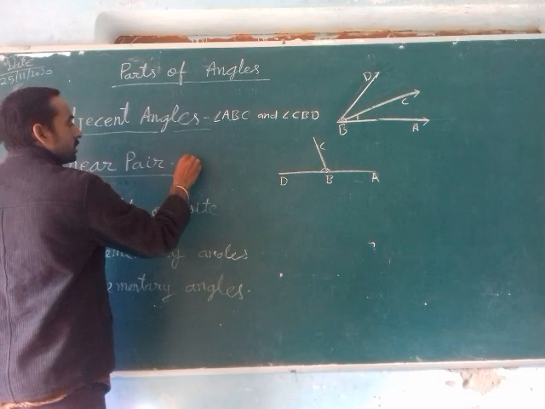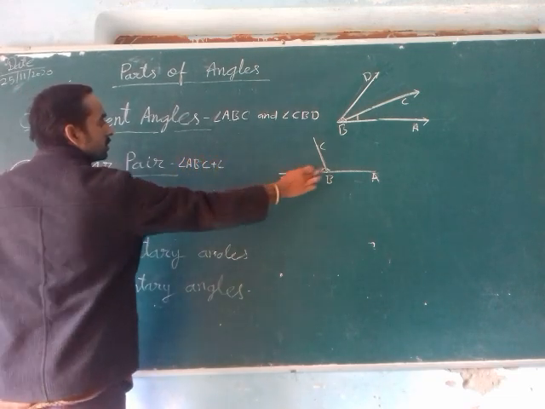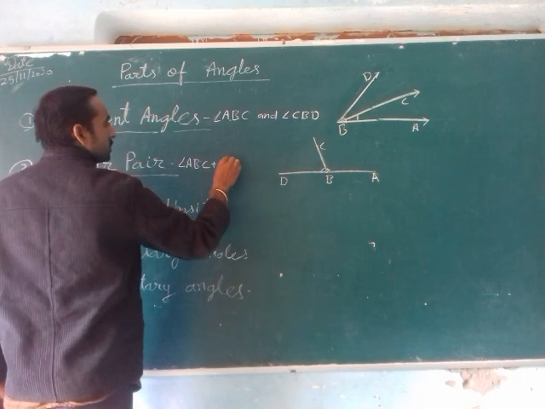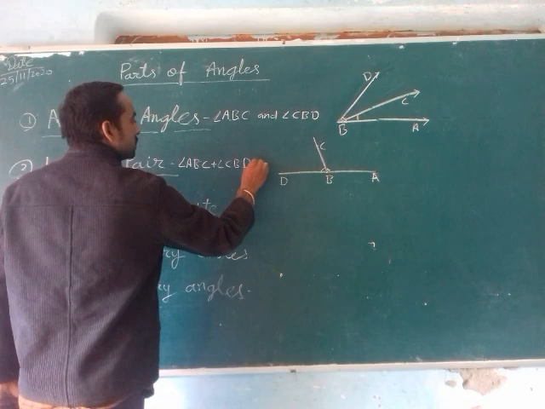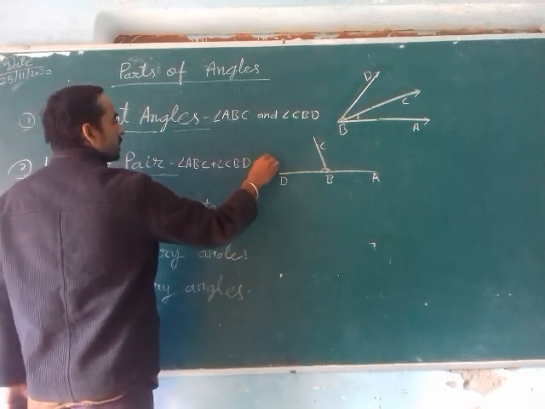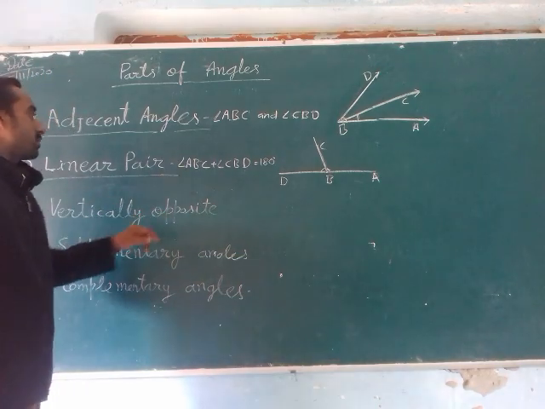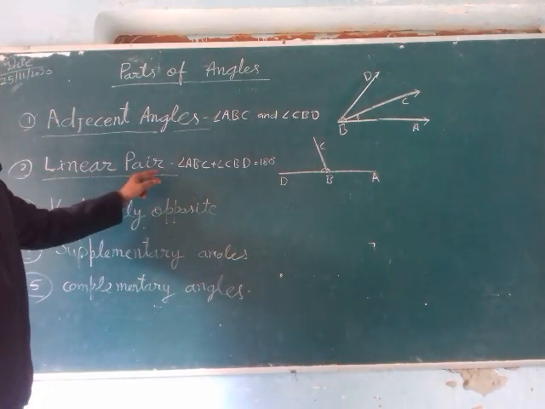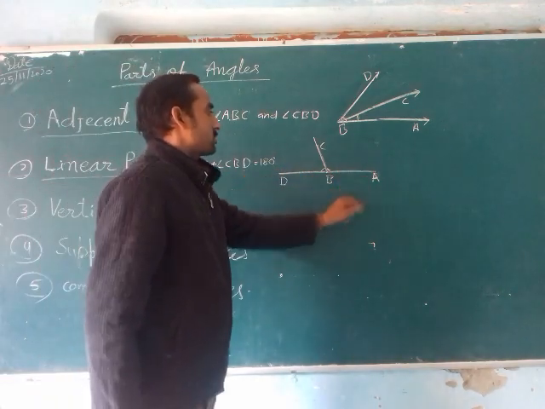So angle ABC plus angle CBD is equal to 180 degrees. And now we can call these a linear pair.